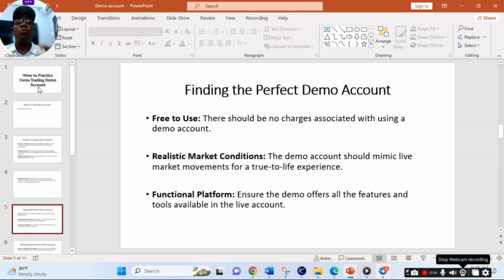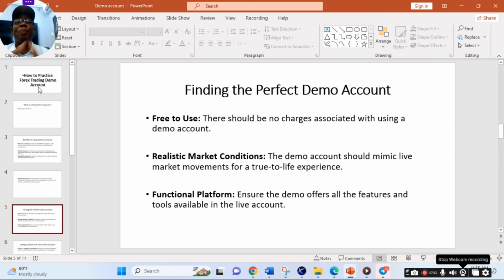Every tool you will use is free as a demo trader. The demo is the same, not almost, it's the same as the live account. The only difference is that in your live account, it is your real hard-earned money, but in the demo account, it is virtual money given to you by the broker.